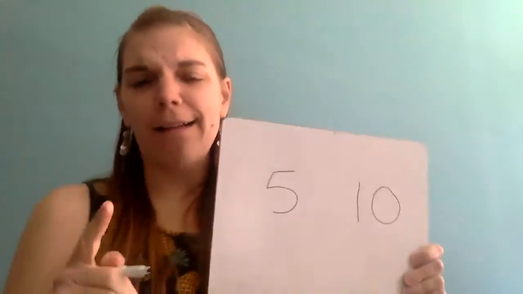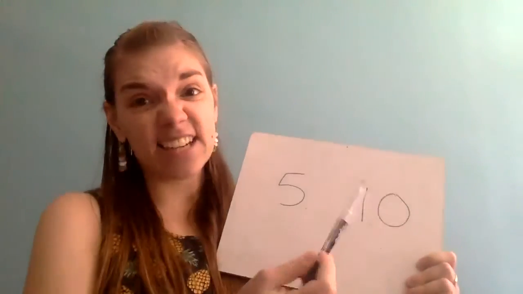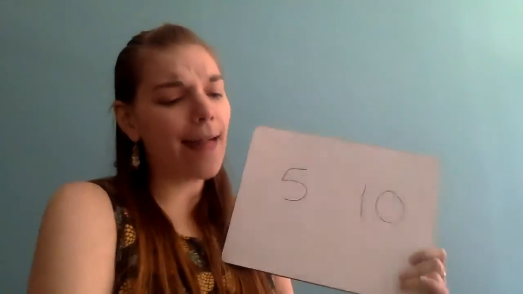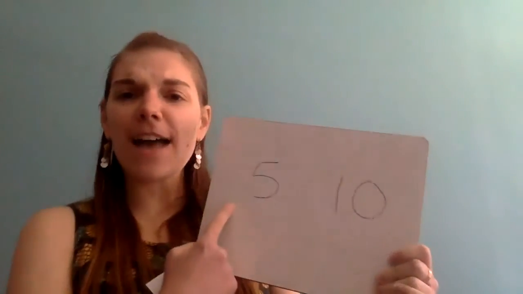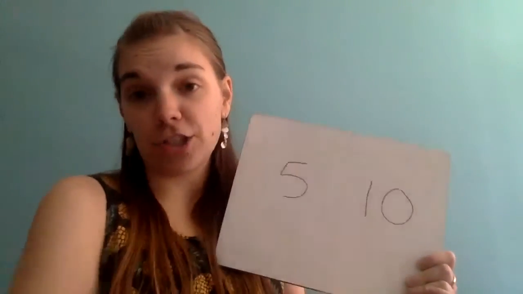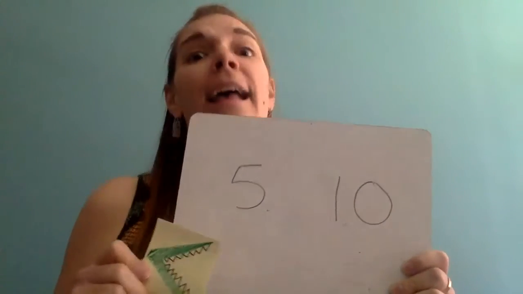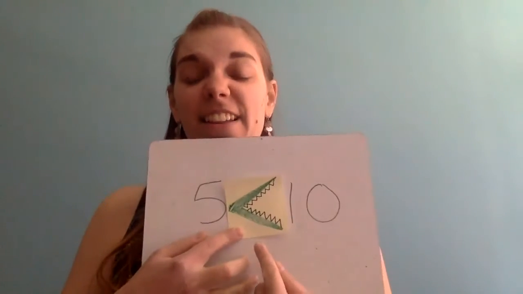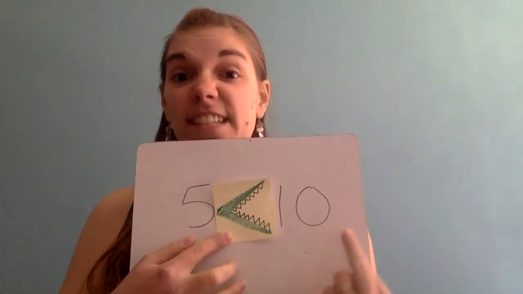So we figured out that 5 is the smallest number and 10 is the largest number. So pretend that 5 is like 5 little fishes and there's 10 fishes. Which one do you think the hungry alligator wants to eat? The 10, right? So I would put the hungry alligator wanting to eat the 10.